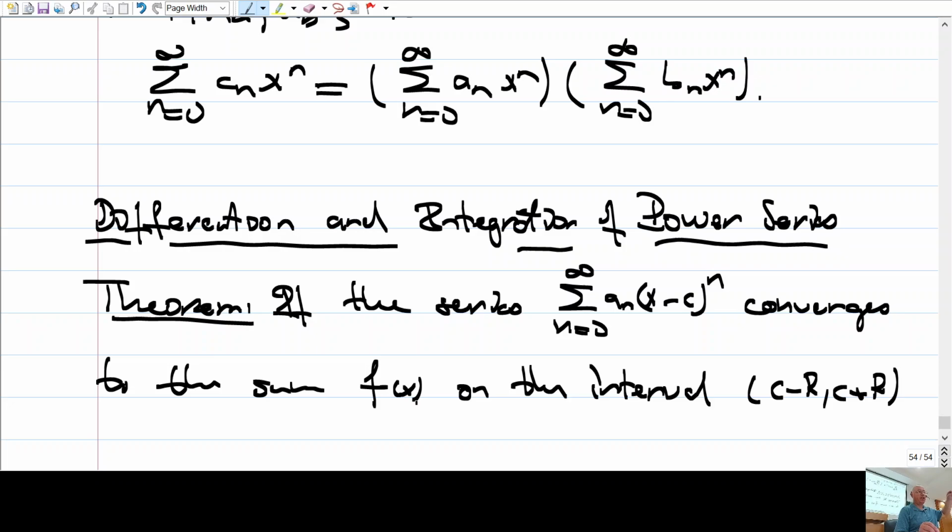For each x you obtain a sum, and that sum depends on the choice of x. So I can regard this power series as a function. For each x, you sum all these terms and you get a number. Whenever we have a function, we may talk about its continuity, its differentiability, its integral, and so on.